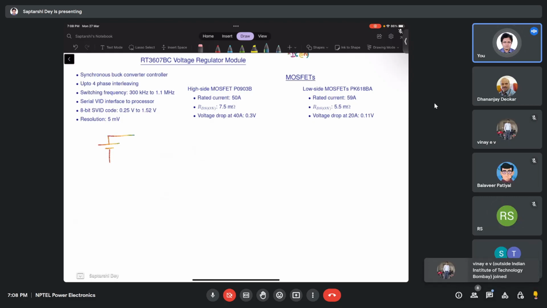So that is realized by this. If I draw a MOSFET, I am drawing IGBT kind of things because it is easier to draw, but these are MOSFETs. Let me draw MOSFETs only, otherwise it will create a wrong impression.